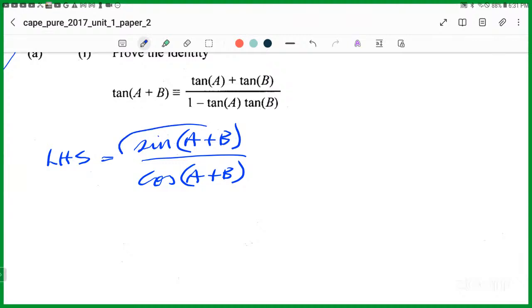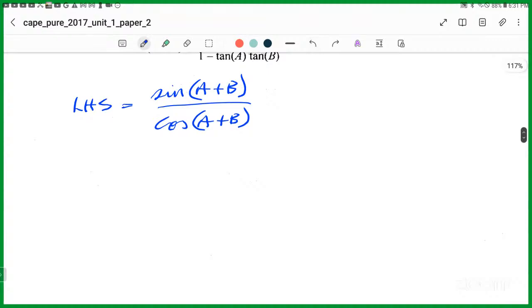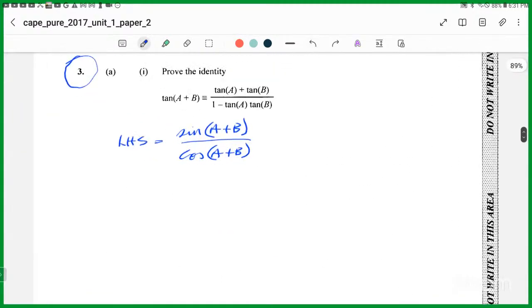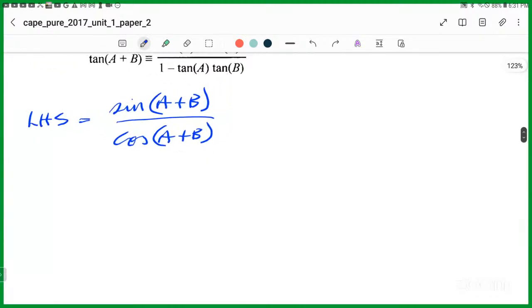I'm going to expand this and expand that. The expansion of sine is sine cos, cos sine. Whatever is inside the bracket here, the same sign comes out in expanded form.